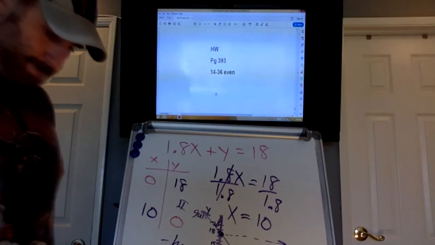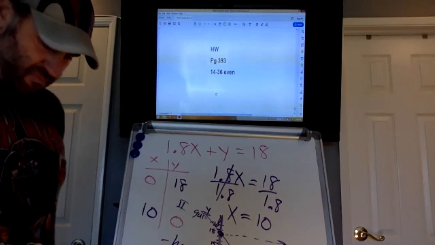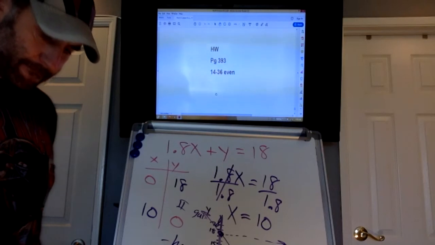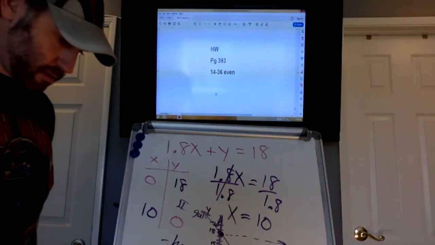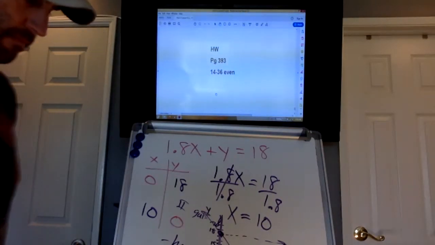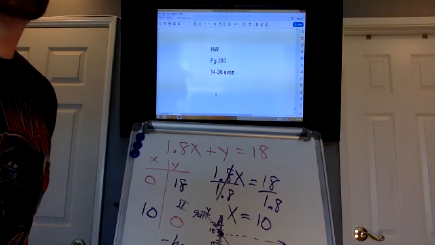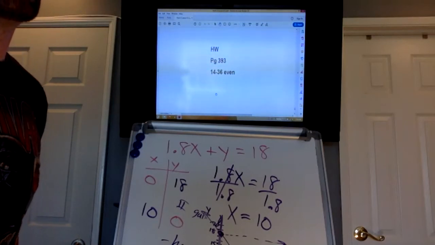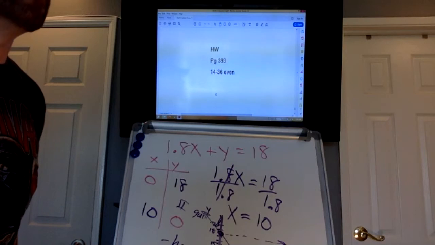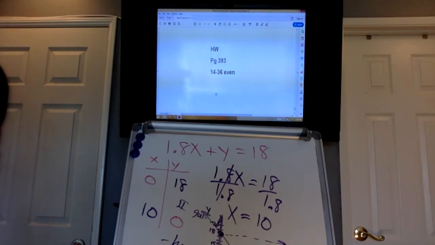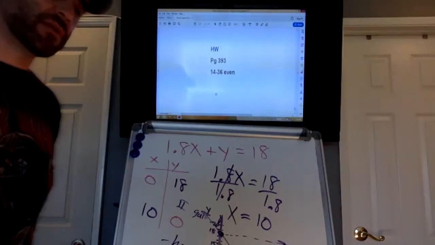So I have a question about the work we did. G of F of H of -3, and that said find. I didn't understand that. Okay, so those are each function machines.